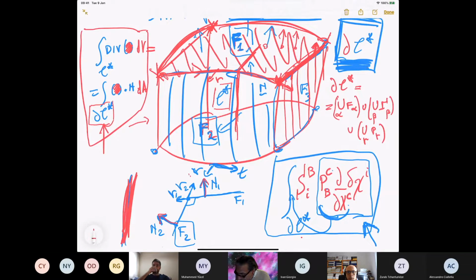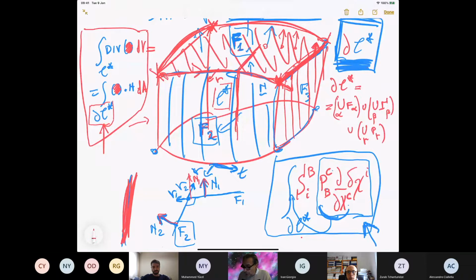When you move until here, you have a limit of N1, the same for N2. And remark that nu1 and nu2 are the normal tangent vectors to the border of the face.